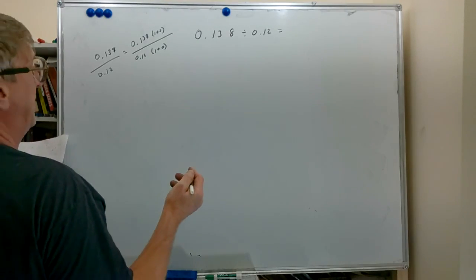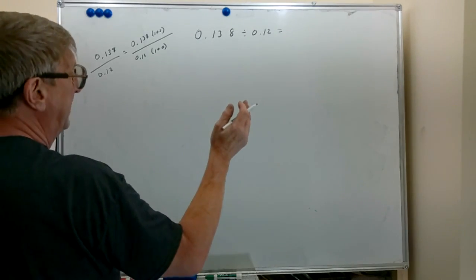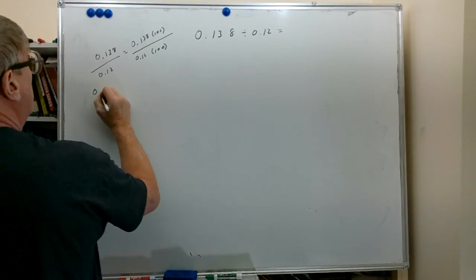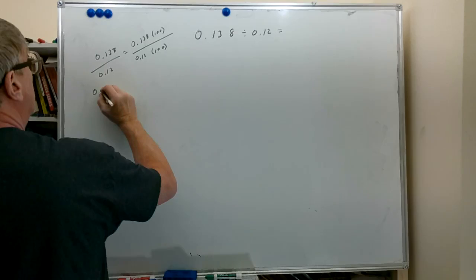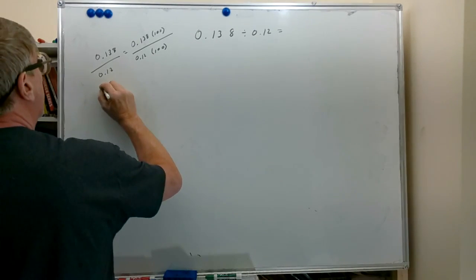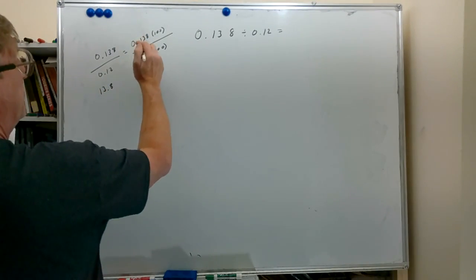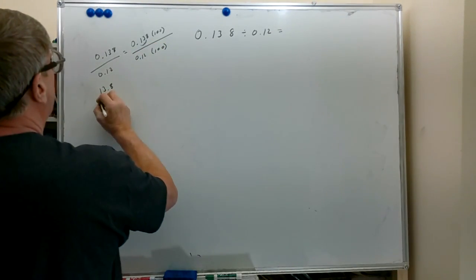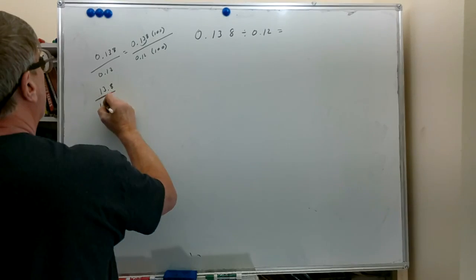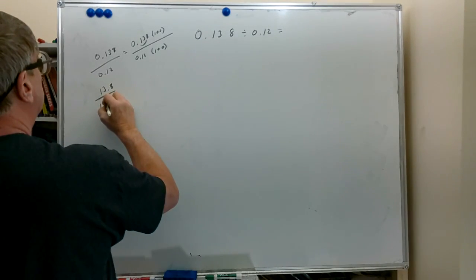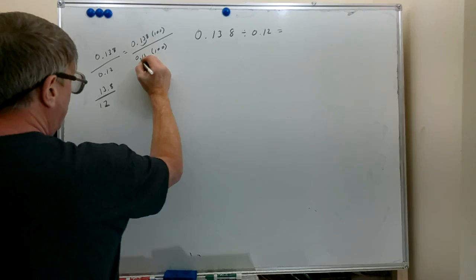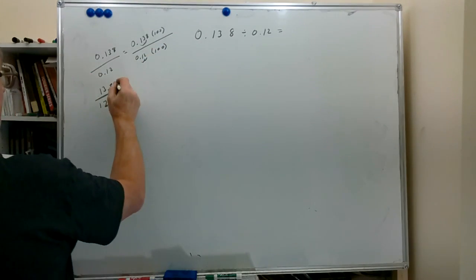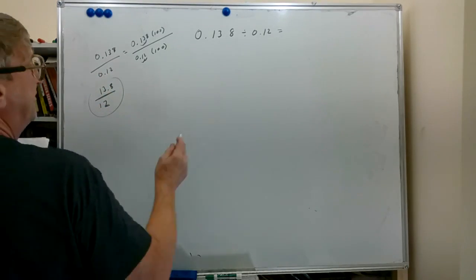But we can multiply by 100 simply by moving the decimal place to the right 2 places. So 0.138 becomes 13.8. See how we moved the decimal place 2 places. And this becomes 12. Again, we moved the decimal place 2 places to match the multiplication by 100. So we've got 13.8 over 12, which is the same as what we had here.